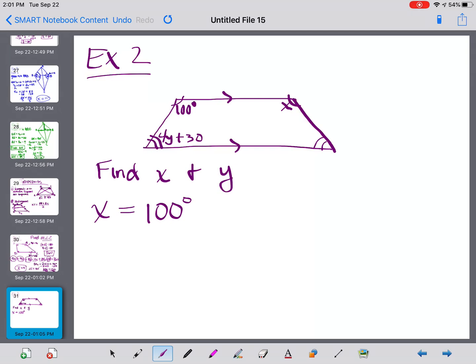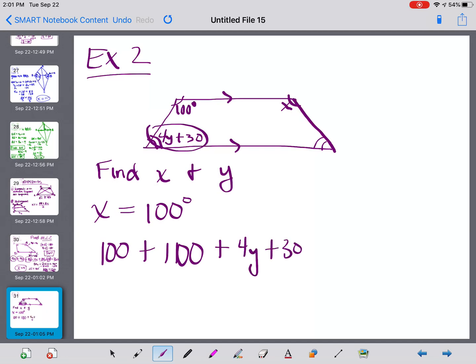So we add the 100 degrees plus this 100 degrees, the top two angles, and then I can add the base angles twice: 4y plus 30, plus another 4y plus 30. This is to help us find our y.